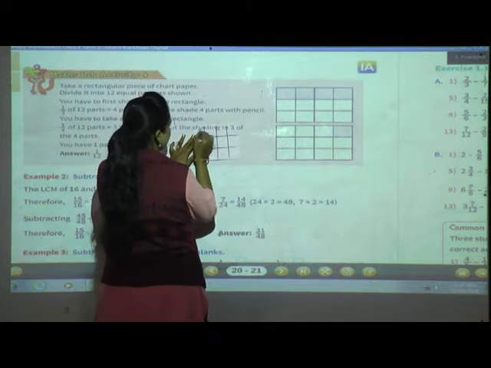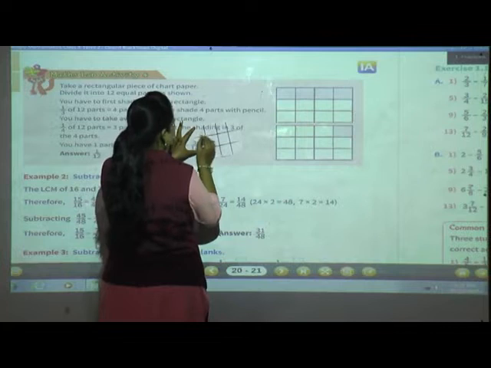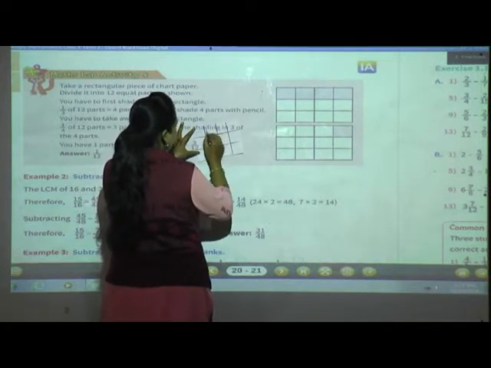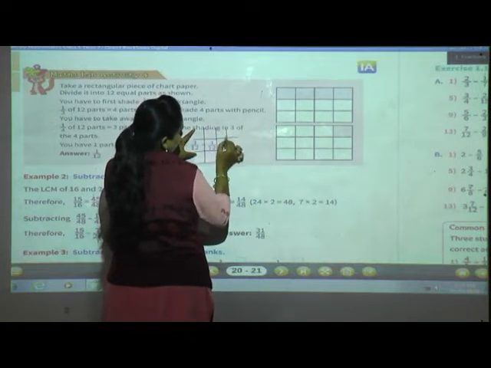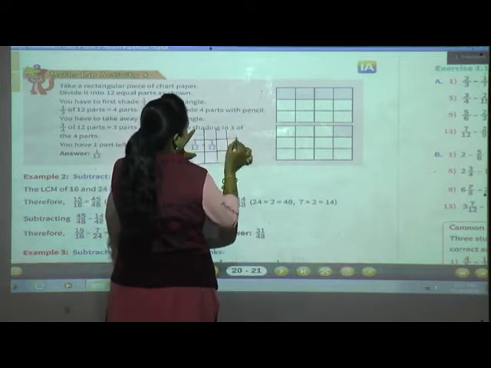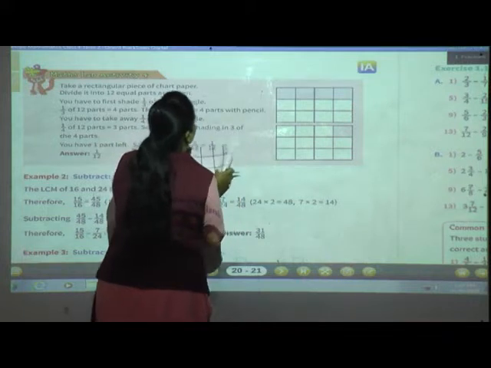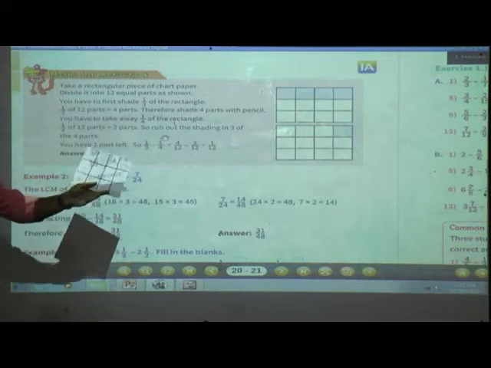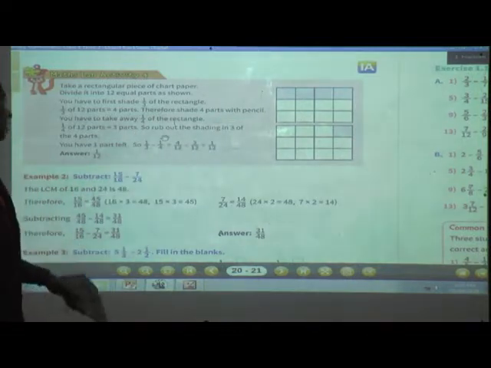This activity you are going to do today itself. 1 part, 2 parts, 3rd part, and the last 4th part. Thus we have shaded 1/3 of the 12 parts. Can you see? Yes, in this way you have to shade properly.